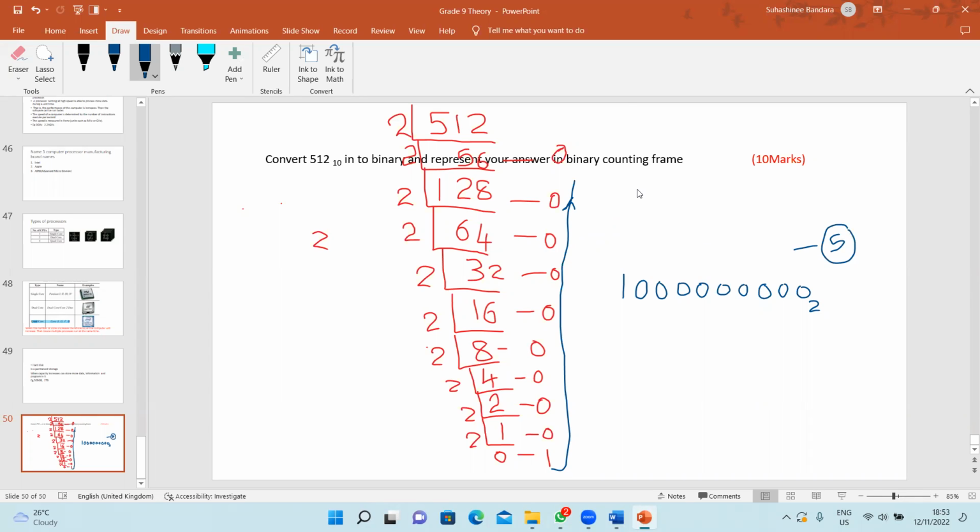Then the next one is the counting frame. How are we going to represent the counting frame for this one?